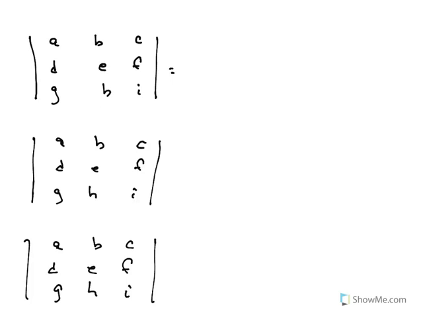First thing you do is you start on the top left, the very first element. So we start on A. So we write A times. Then we cross out any element that's in the same row as A and the same column. So A goes away, B goes away, and C goes away. That's A's row.